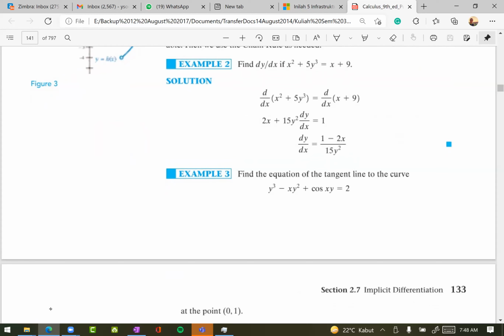If you plug in x equals 0, you get y equals 1. Check that one. Plug in x equals 0: this is 0, this is 1, this is 0, and this is cosine 0, which is 1. Okay, that's correct. So this point is on the curve, on the graph.